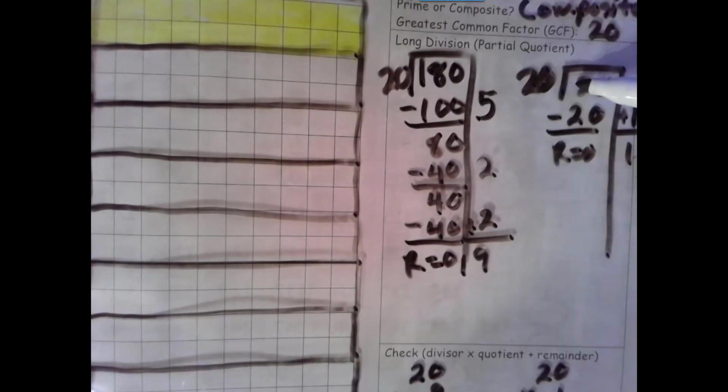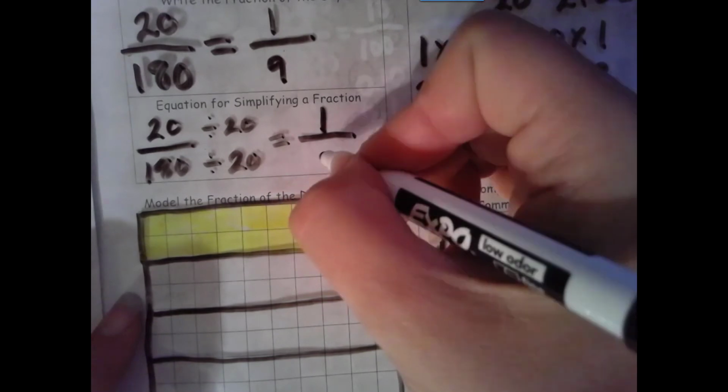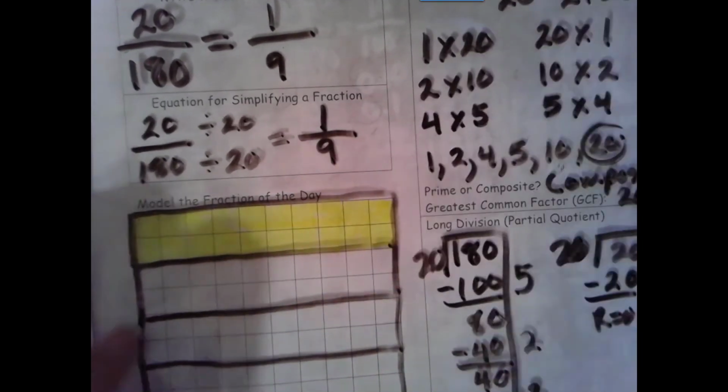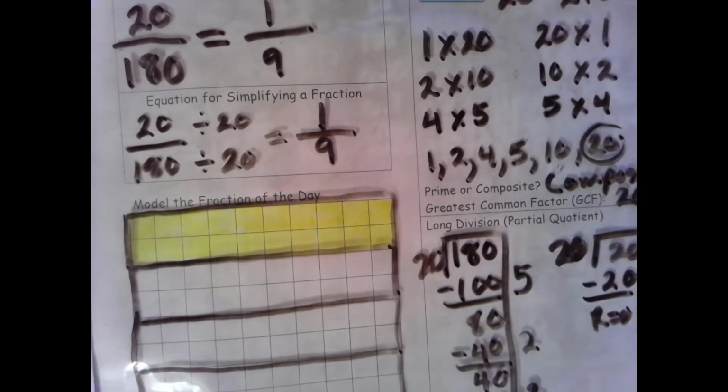So let's see, 180, that matches my dividend up here, so it checks. Now I don't pretend to multiply, I actually do. And then here, 20, that matches my dividend up here, so that checks. So I've proven that my numerator is definitely 1, and my denominator is definitely 9.